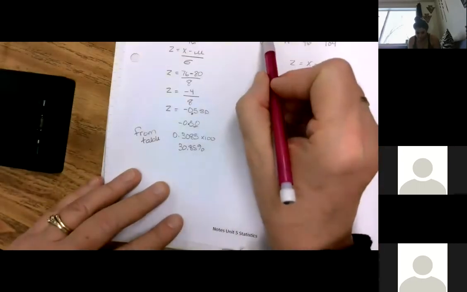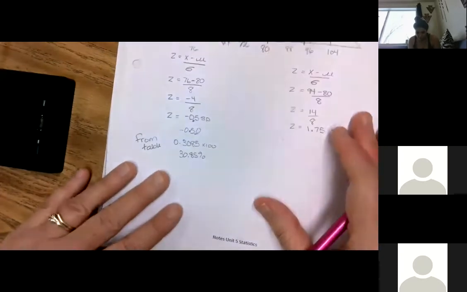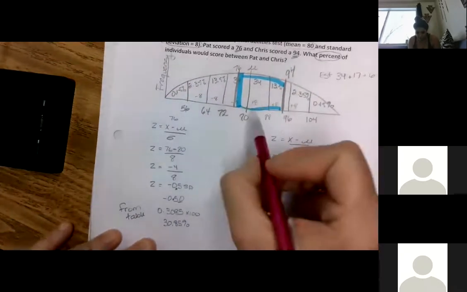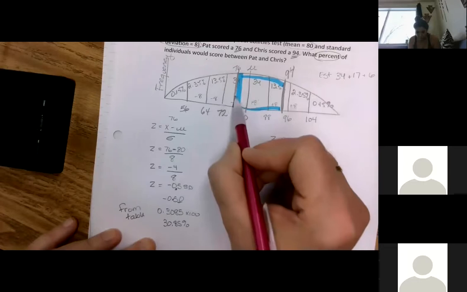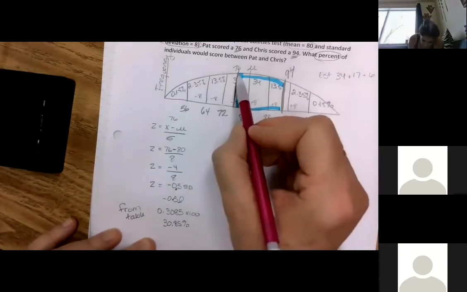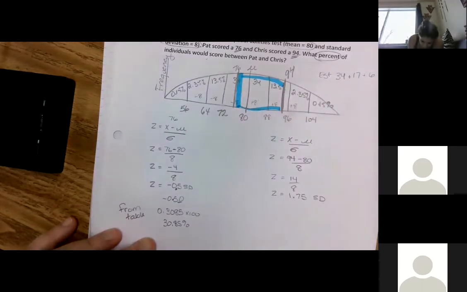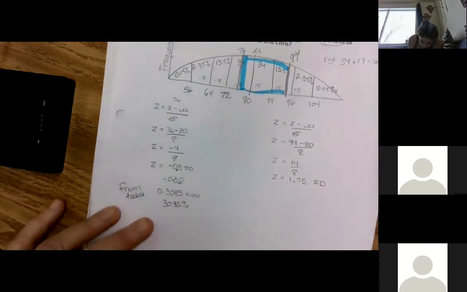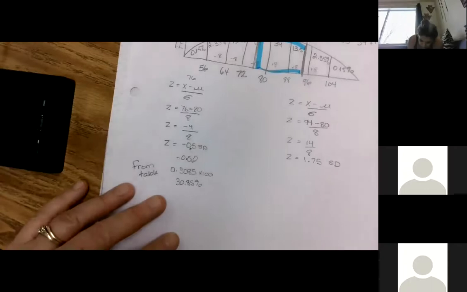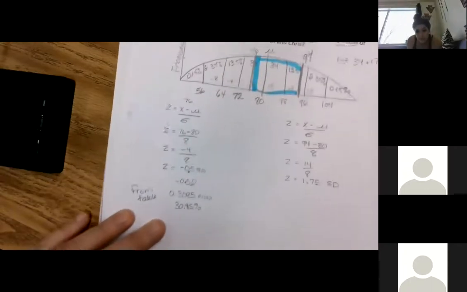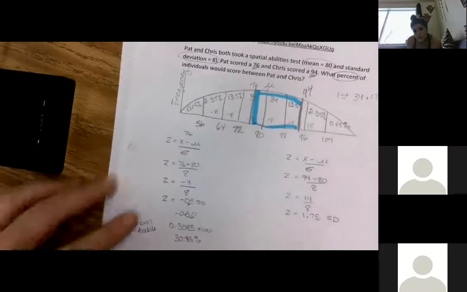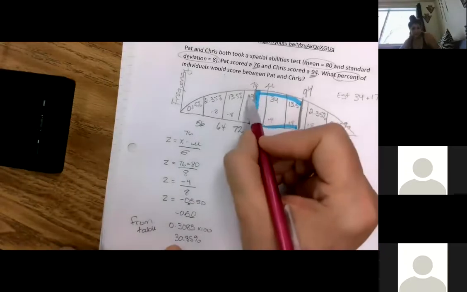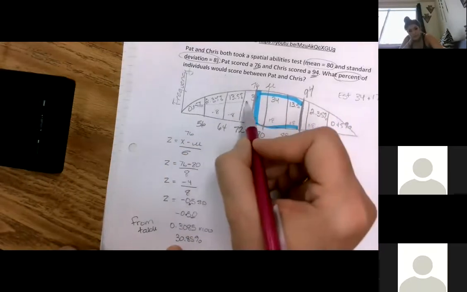You can also see that if that whole chunk is 34, this would be about 30. It's wonky because, again, it's a curve, so it's not exactly half. So this tells us, and this is key, how much actually is in this area.